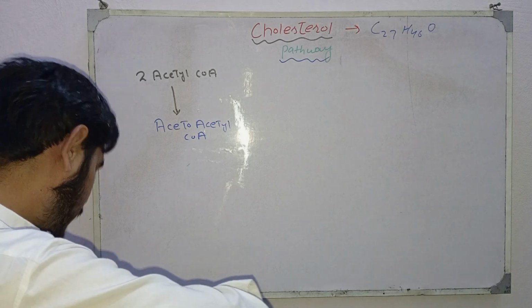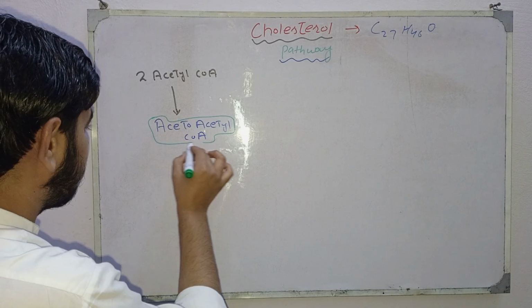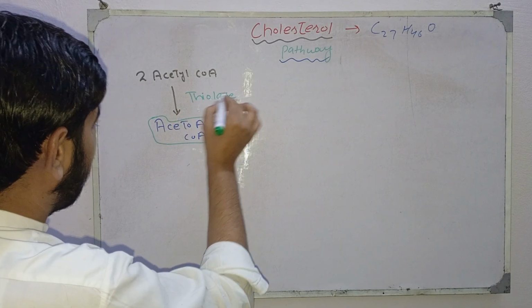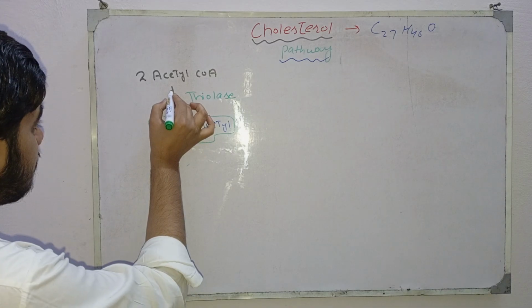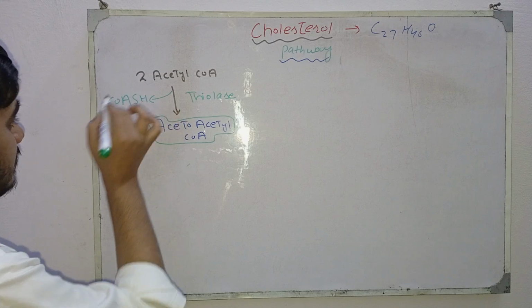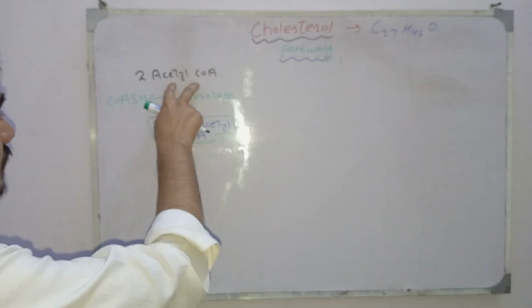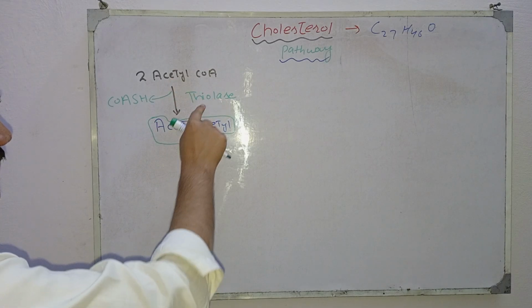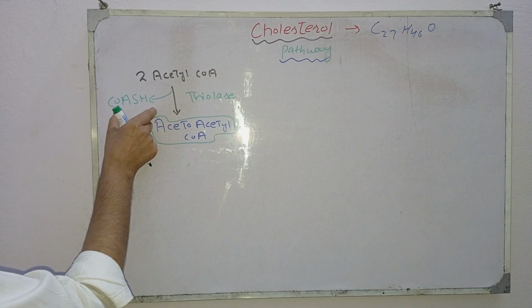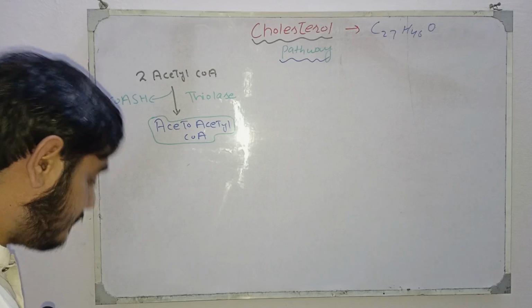One of the enzymes involved is thiolase, and here there is a removal of coenzyme A sulfhydryl group. This is the first step. Two molecules of acetyl CoA get condensed with the help of thiolase enzyme, and there is a release of CoASH, and there is a formation of acetoacetyl CoA.